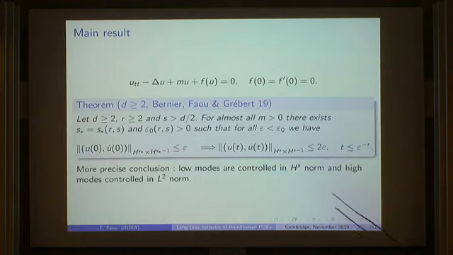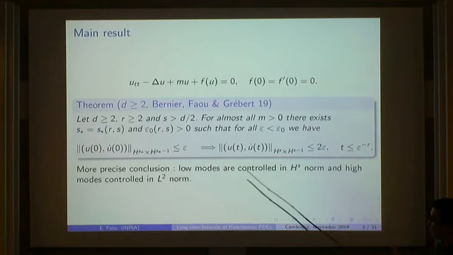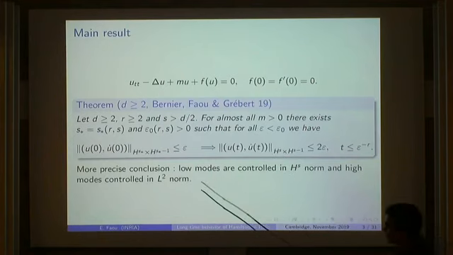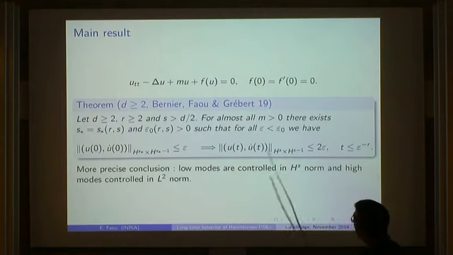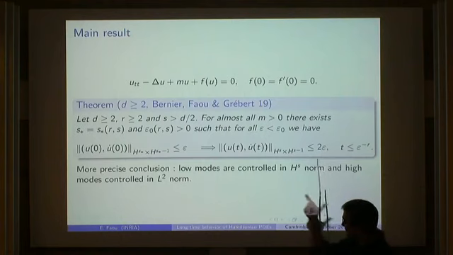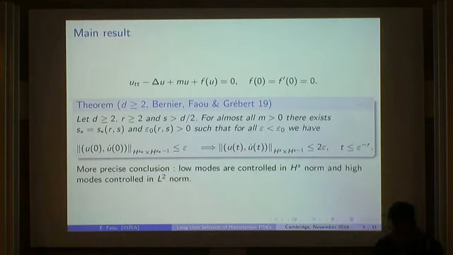You will not require a global control of all the Hs norm, but a control of the Hs norm of the low modes and the L2 norm of the high modes. And then after that, you play with the scaling and you obtain such a result.